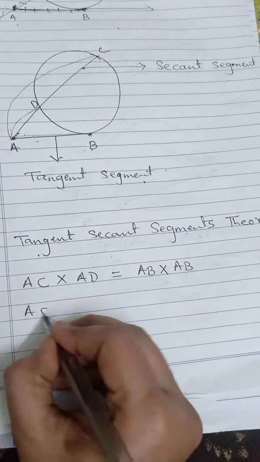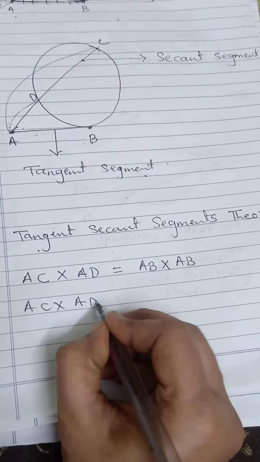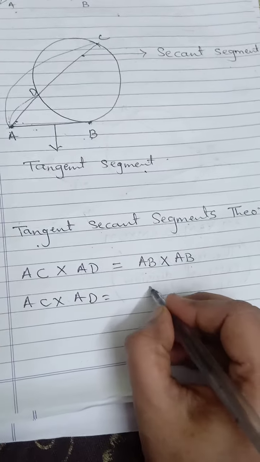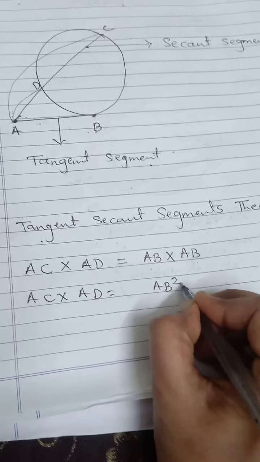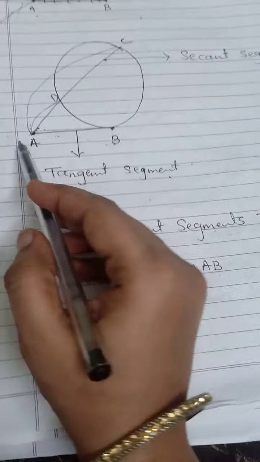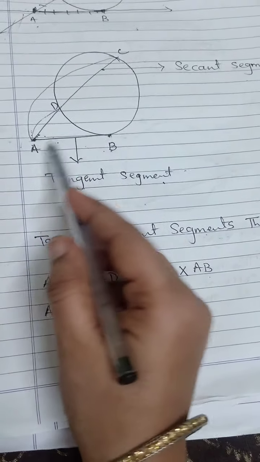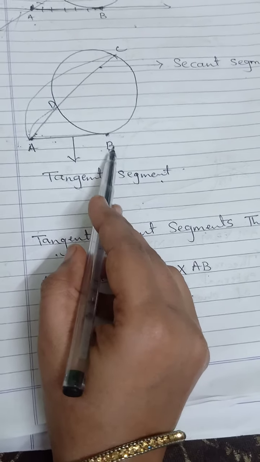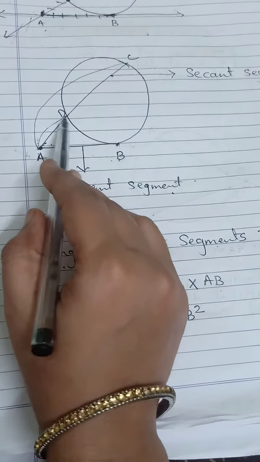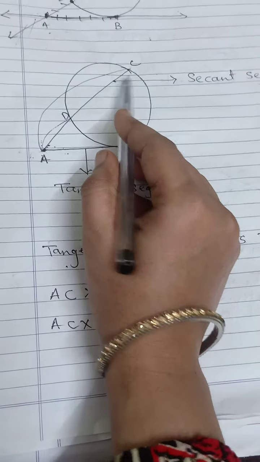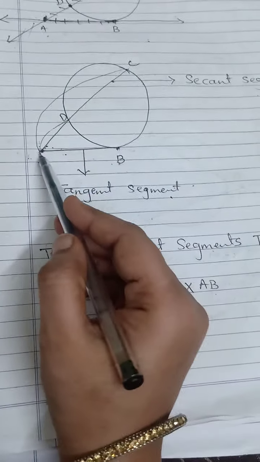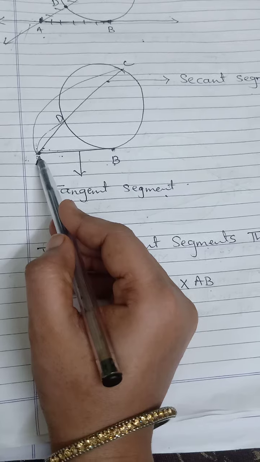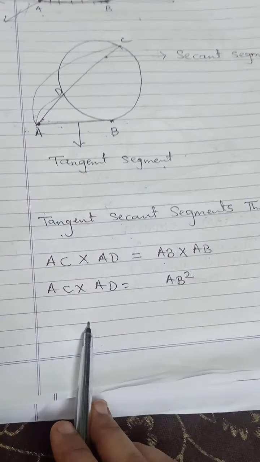So here AC into AD will be as it is, and AB into AB will become AB square. So whenever tangent and secant both are intersecting outside, the square of this tangent segment is equal to the product of the segments on the secant, and the segments will be in such a way that this point of intersection should come in that. So it is nothing but this way.